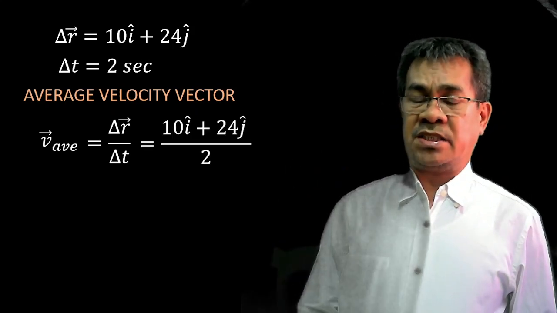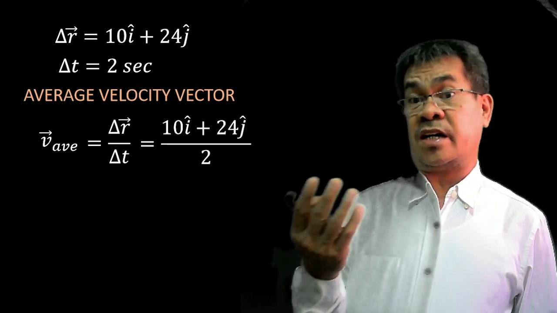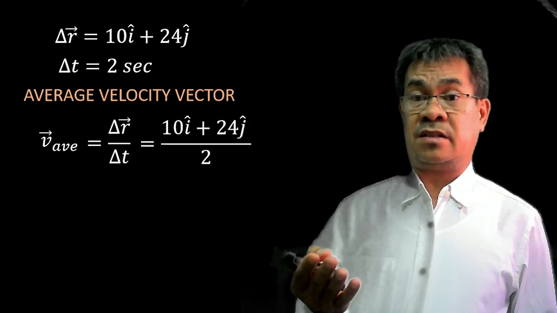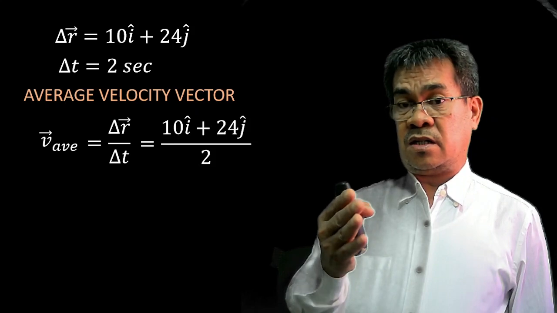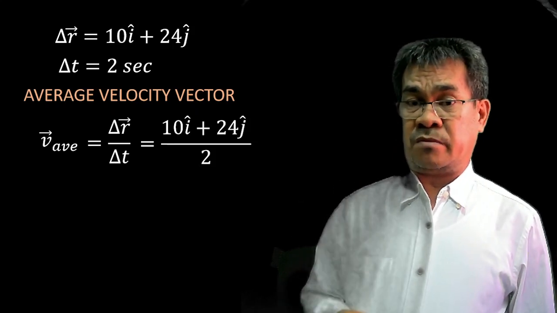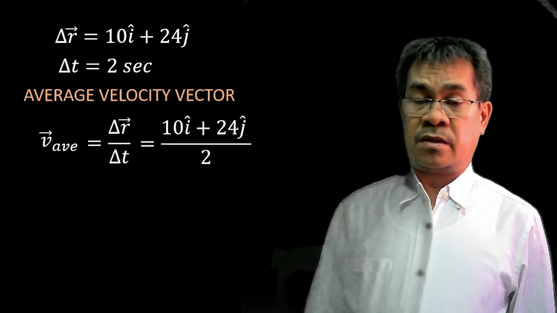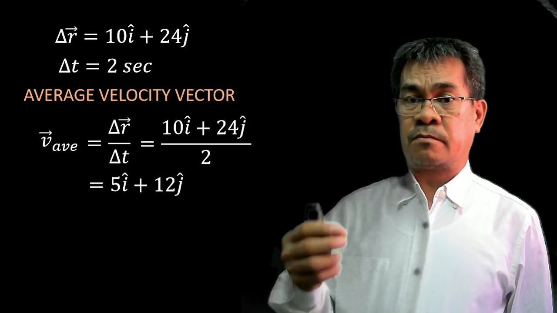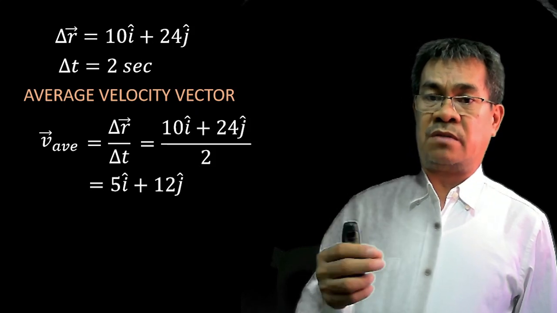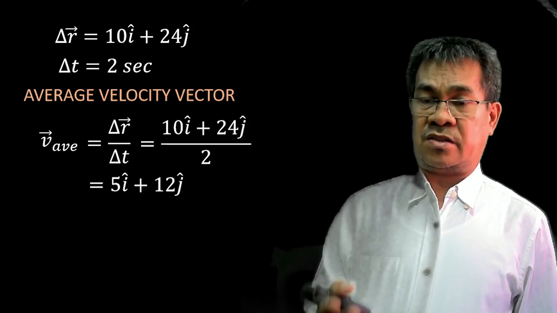So replace the value of the change in position: 10 i hat plus 24 j hat divided by 2. Then take note that you can simplify this by sharing the denominator of 2, then divide the numbers by 2, and we come up with 5 i hat plus 12 j hat. This is the answer to the problem.